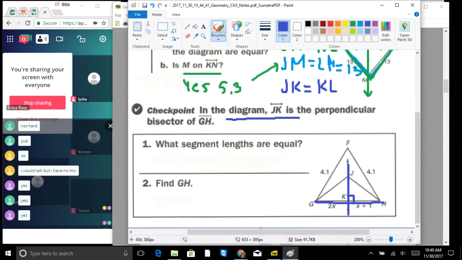So we know which segments are equal. Well, we know that GK is equal to KH. That's these guys down along the bottom. These two are equal to each other, right? We also know just from looking at the picture that GF is equal to HF.